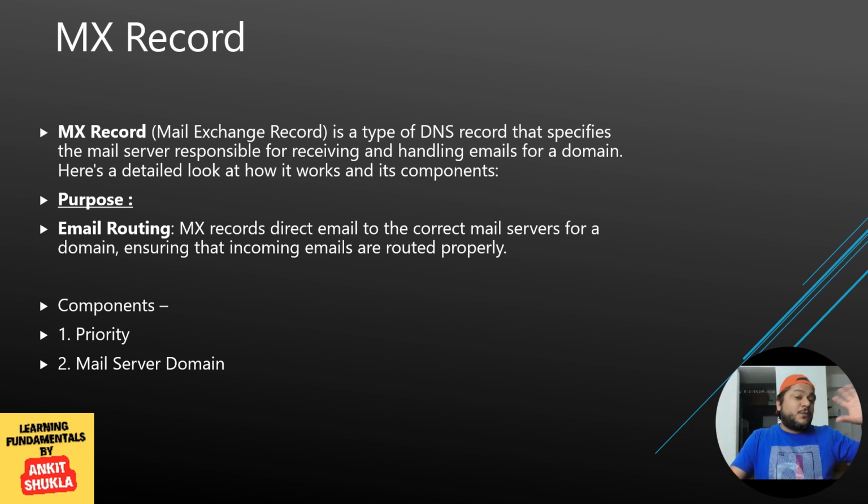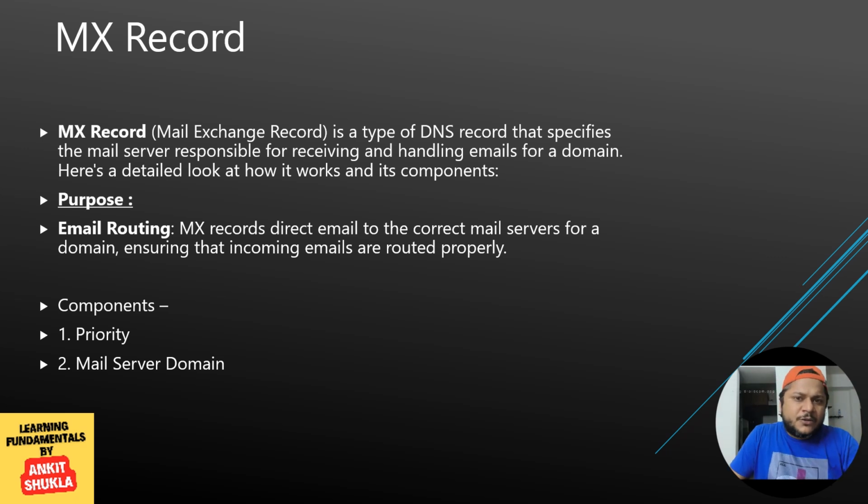Let's understand how it works. Basically, a DNS query is initiated. When an email is sent to an address like user@example.com, the sending mail server queries the DNS to find the MX record of the domain, which is example.com in this case. Then the DNS responds with a list of MX records which are published on the authoritative server.